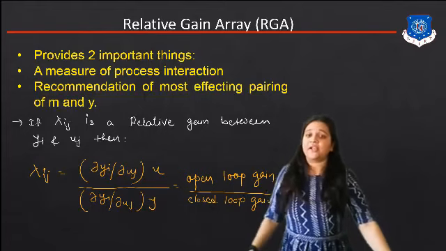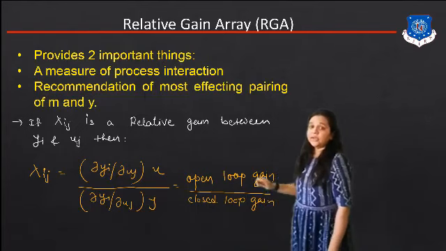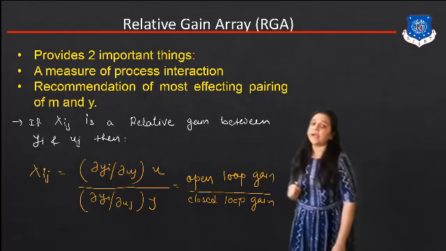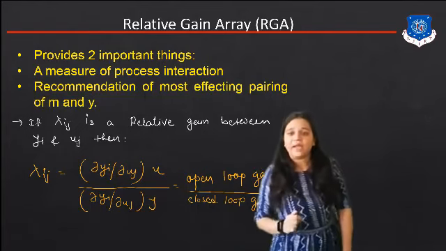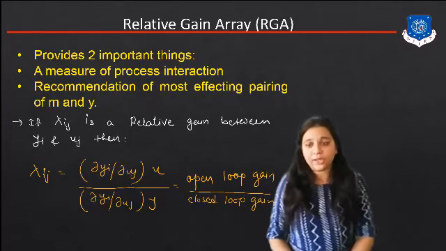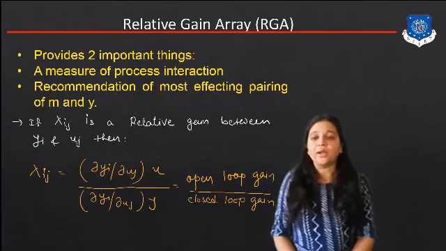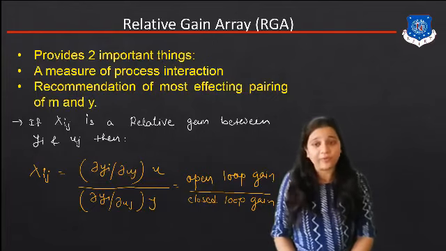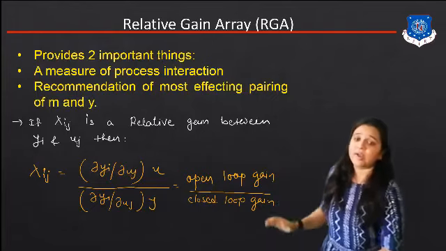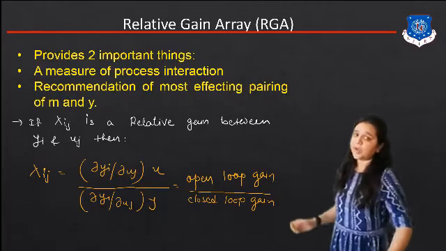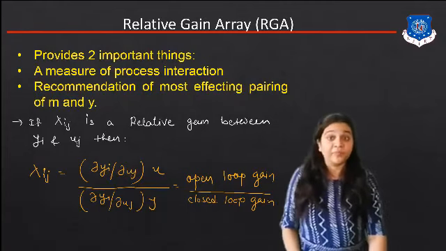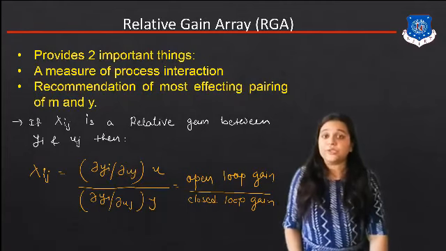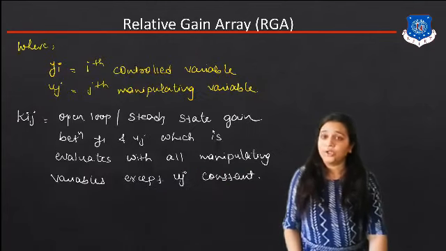So what is the exact relative gain? It is lambda ij, that is equal to del yi upon del uj at constant u, divided by del yi upon del uj at constant y. This is my open loop gain and this is my closed loop gain. We have to check the most effective pair for this particular system.